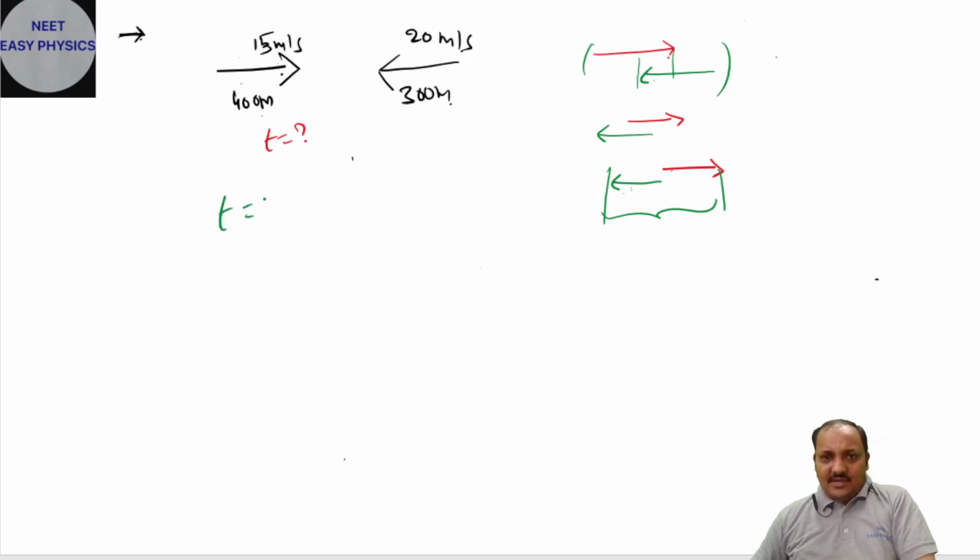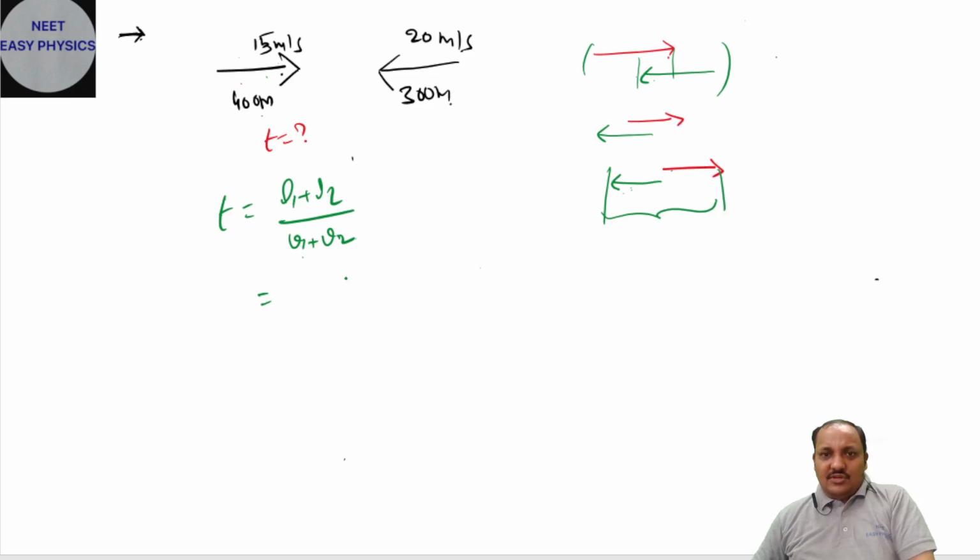Therefore, time, we have already given this formula, is total length L1 plus L2 by relative velocity. Are both moving in the same direction or opposite direction? If both are moving in opposite direction, we said V1 plus V2, correct? If both are moving in the same direction, V1 minus V2, isn't it?